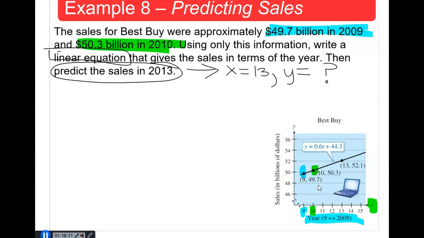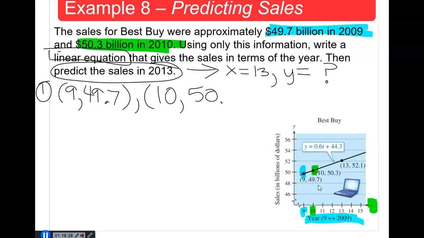So first thing, we're going to take the 2 points that we have, and the points will be 9, 49.7. And the other point is going to be 10, 50.3.